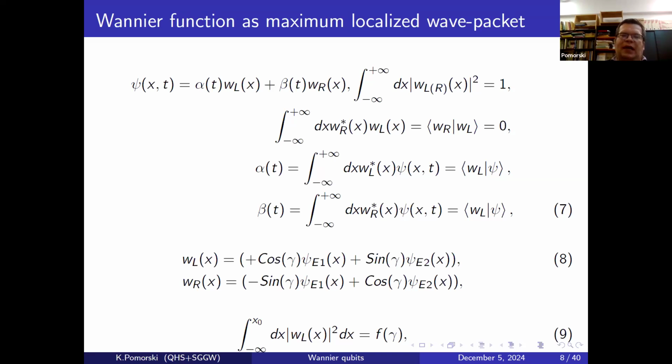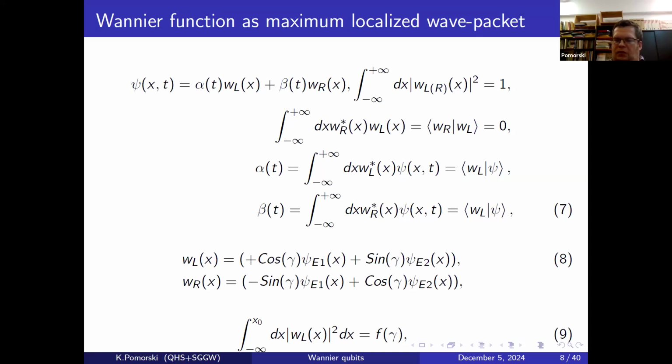But then there is a question of how to get the Wannier function fundamentally if you have, let's say, occupancy of two eigenenergy states in an energy-based qubit. It is mostly used, so you can translate. You are doing a certain type of rotation, and this rotation is expressed by equation number 8. You have these cosine and sine terms, and to get a precise value of gamma, you need to maximize.